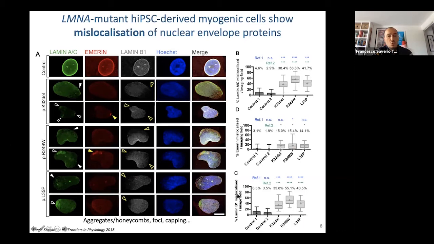And these are quantified here. To summarize this part so far, we were able to see abnormal morphology of the nuclei and abnormal localization of lamin AC just halfway through the differentiation towards the mesodermal lineage, without even reaching the myogenic state.